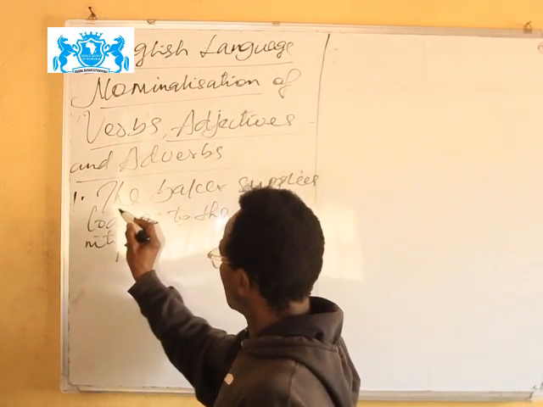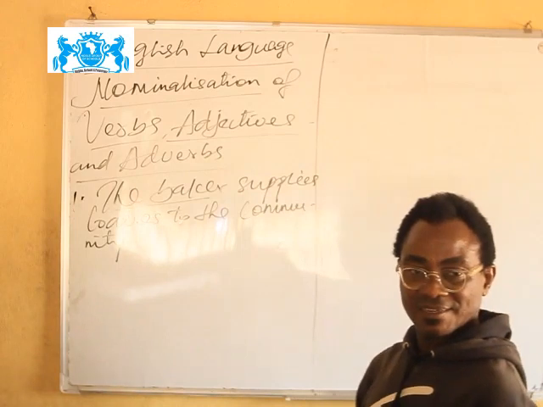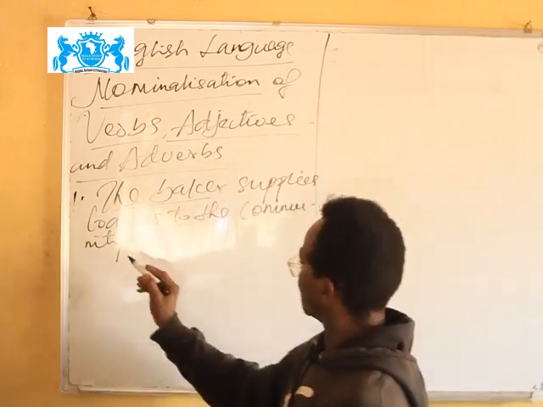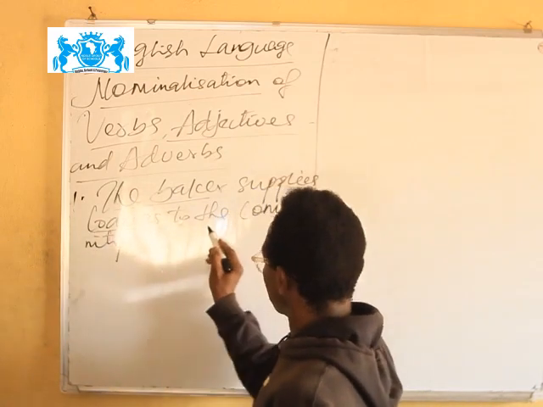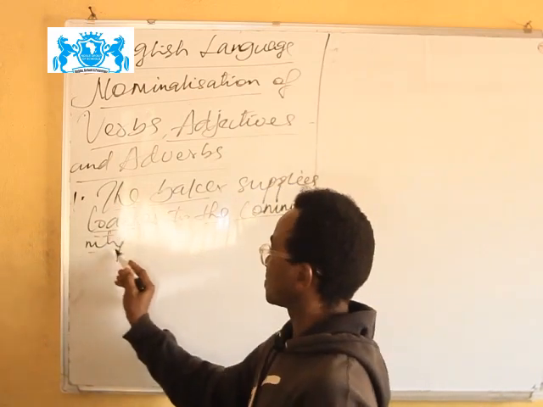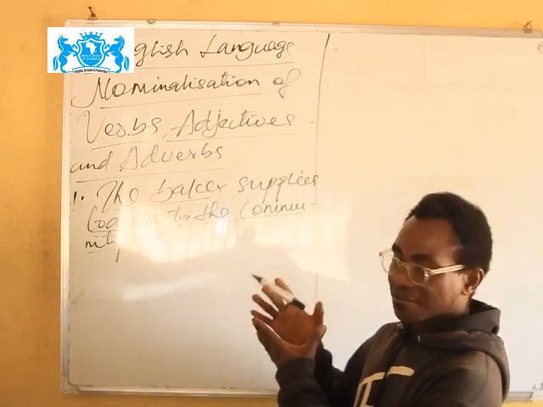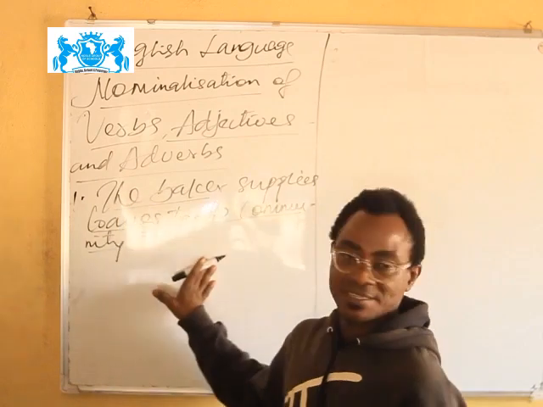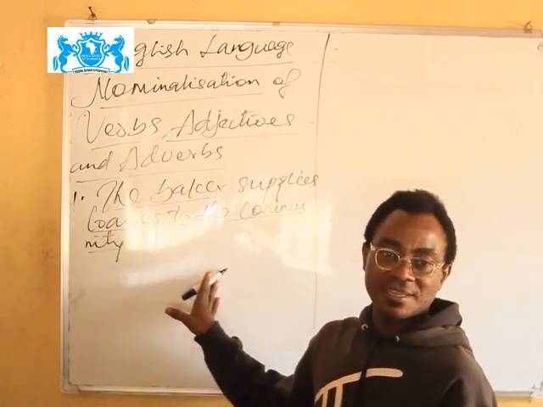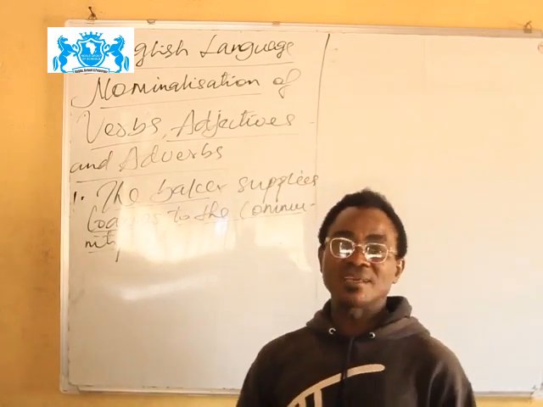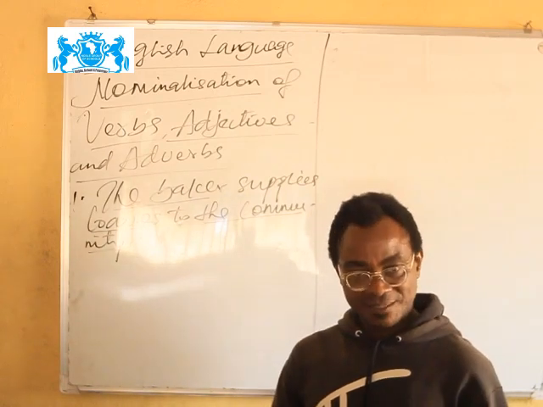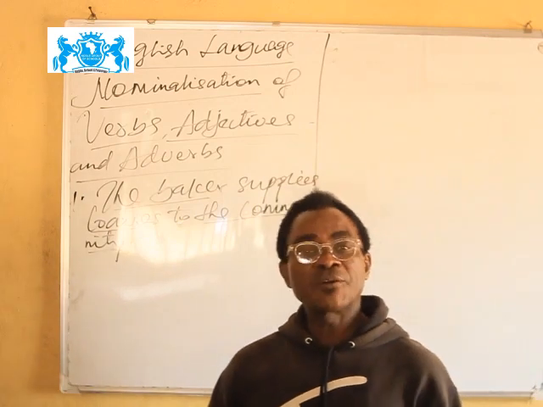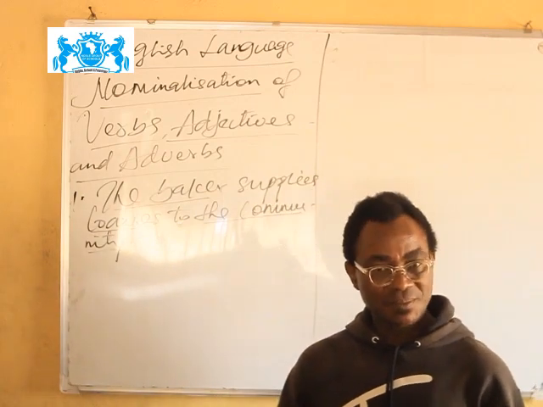We can segment this sentence into a number of units. The baker, loaves, the community. The parts that I have underlined are noun forms. These are the units in the sentence that function as nouns. In other words, they stand for names of things, names of people. They are referred to as nominals.